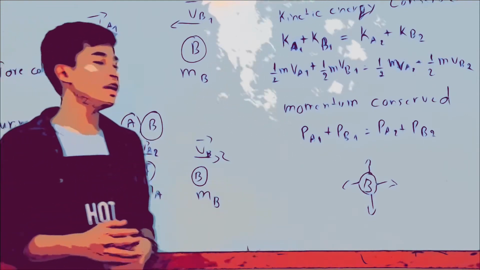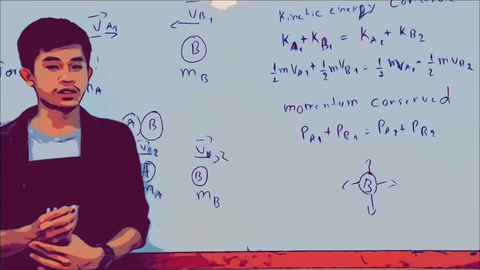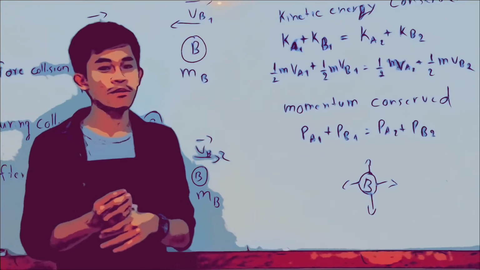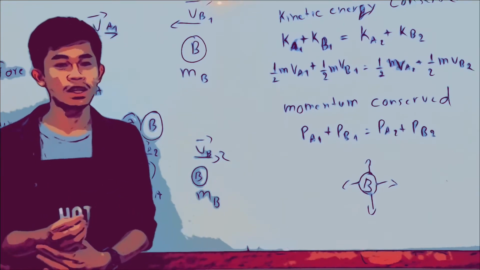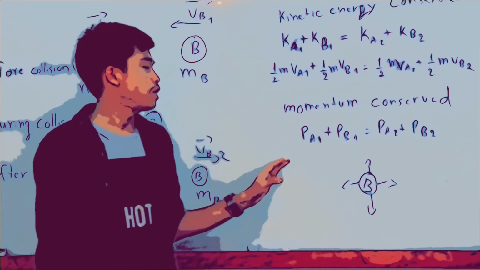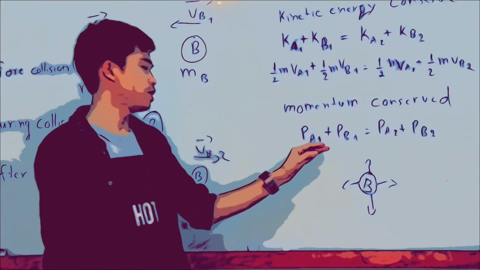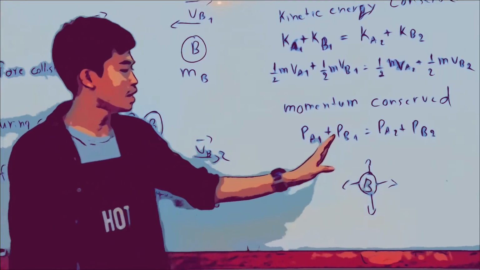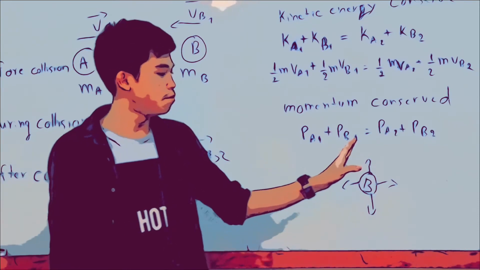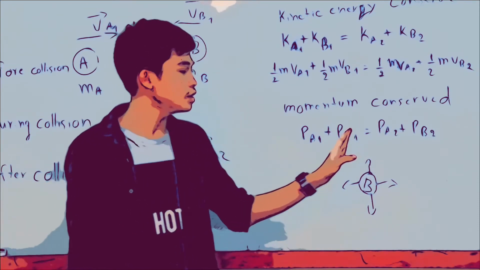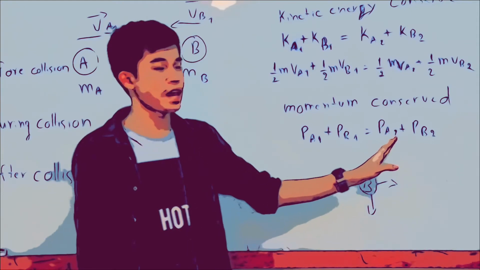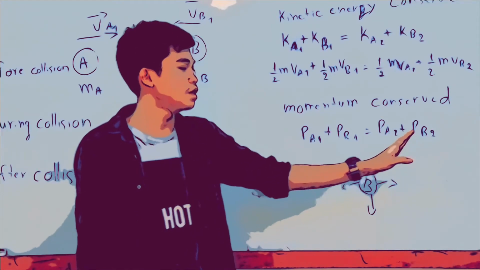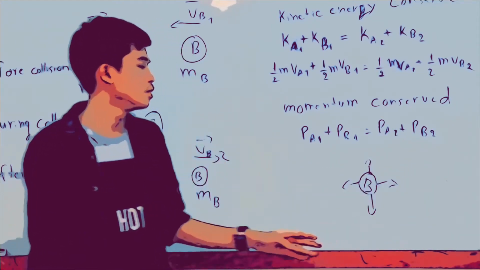Not only is the kinetic energy conserved, the momentum is conserved as well. We have the expression that the momentum of object A plus the momentum of object B before collision equals the momentum of object A after collision plus the momentum of object B after collision.